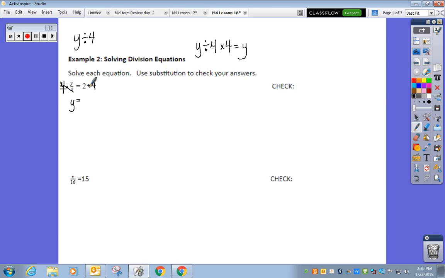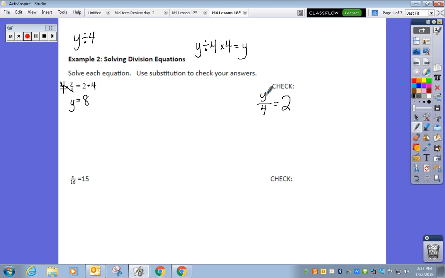Then I'm going to do 2 times 4 to get what y is equal to. So with division, this is where we're going to show the inverse operation on the side of the equation instead of under it. For my check, I'll rewrite the original, and you have to be careful here that you're not including that times 4 on either of the sides, because that's not in the original equation.